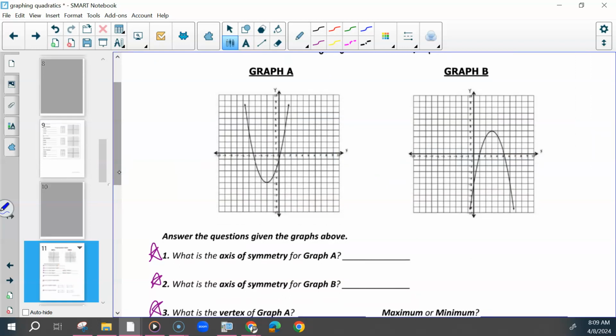So now we have the graphs already. We're just comparing. We don't have the equation, but we can still find this information from just looking at the graph.